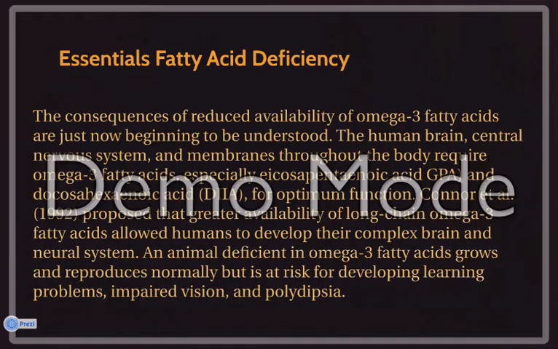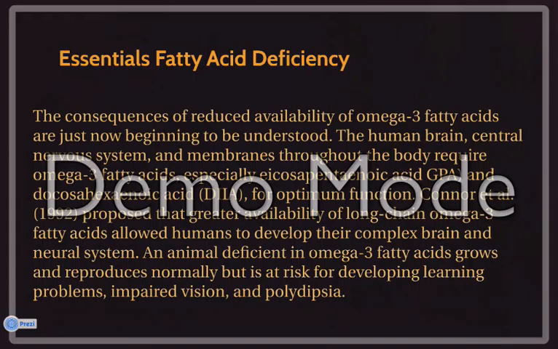Essential fatty acid deficiency. The consequences of reduced availability of omega-3 fatty acids are just now beginning to be understood. The human brain, central nervous system, and membranes throughout the body require omega-3 fatty acids, especially eicosapentaenoic acid and docosahexaenoic acid, for optimum function.